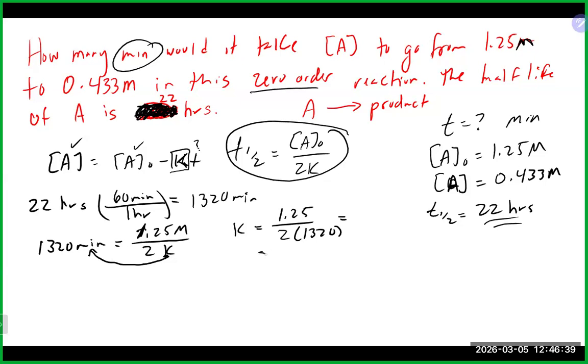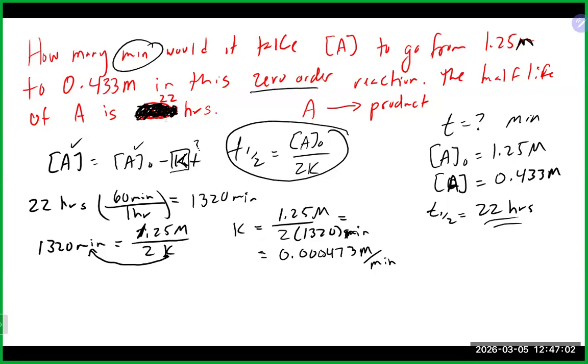That's going to give us a rate constant of 0.000473. And the units here, molarity up on top and minutes on the bottom, so molarity over minutes would be my units associated with it, which again is the typical unit we associate with a zero order, right? Molarity over some unit of time.